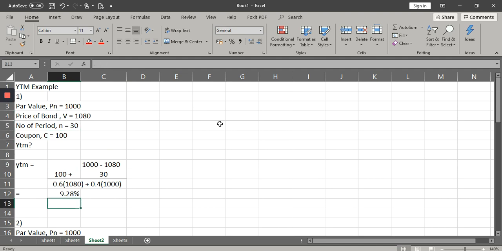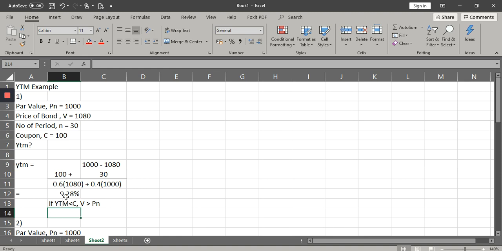Here with the example, if your yield to maturity is lower than your coupon rate, then your bond price is higher than your par value.